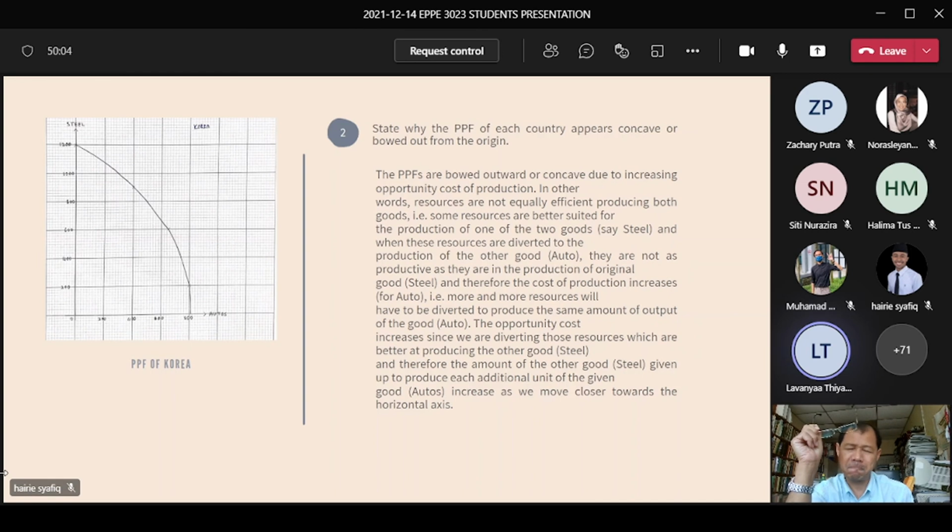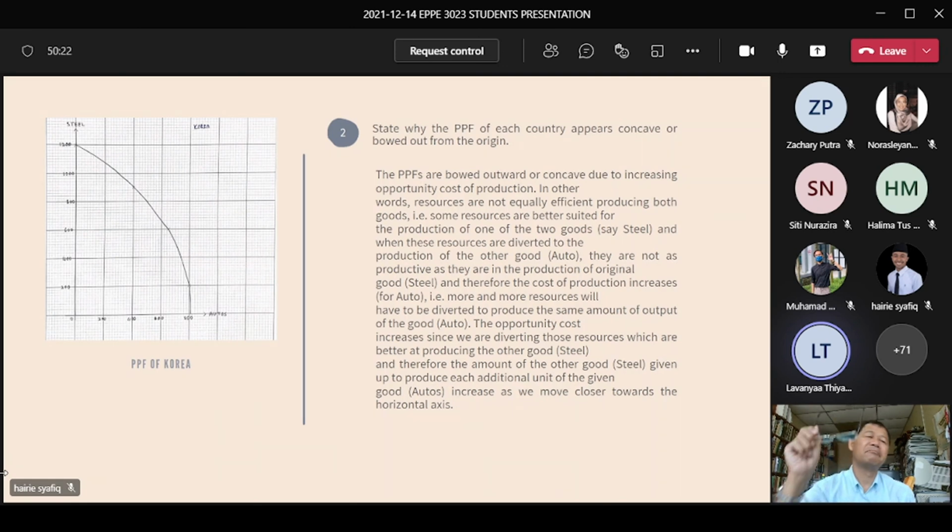Okay, so I move on to question 2, which is: state why the PPF of each country appears concave or bowed out from the origin. The PPFs are both bowed outward or concave due to increasing opportunity cost of production. In other words, resources are not equally efficient producing both goods.